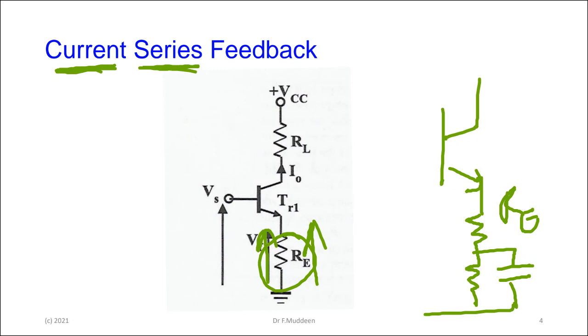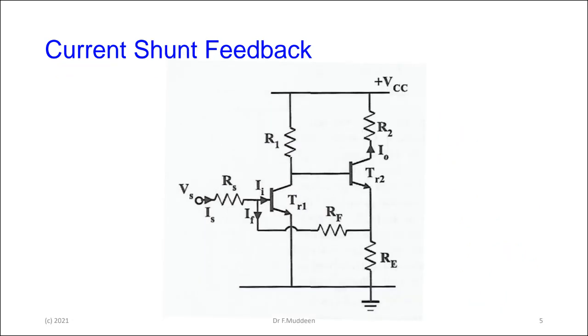Yeah. And then the last one, of course, is current shunt feedback. We're sampling current and we're feeding back voltage, right? Same sort of arrangement. So you sample the current here by connecting a feedback resistor back to the base of TR1.